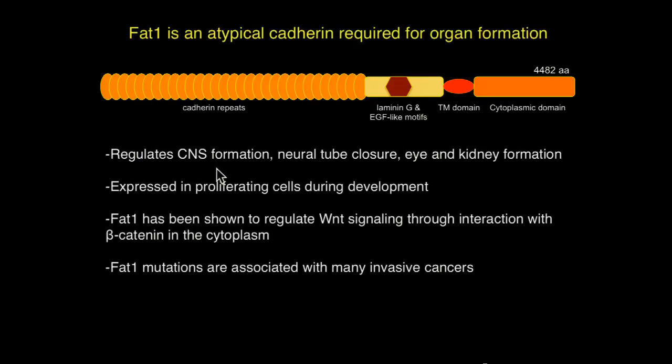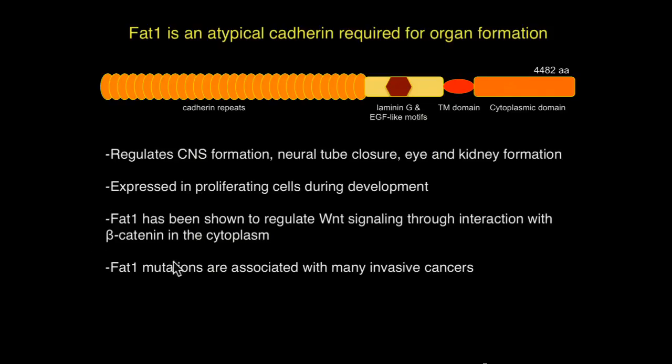Work specifically in mouse has shown that FAT1 regulates nervous system formation, neural tube closure, eye and kidney development, and the mouse knockouts die just postnatally due to improper kidney formation. Specifically, FAT1 has been shown to be expressed in proliferating cells and is downregulated once cells exit the cell cycle.